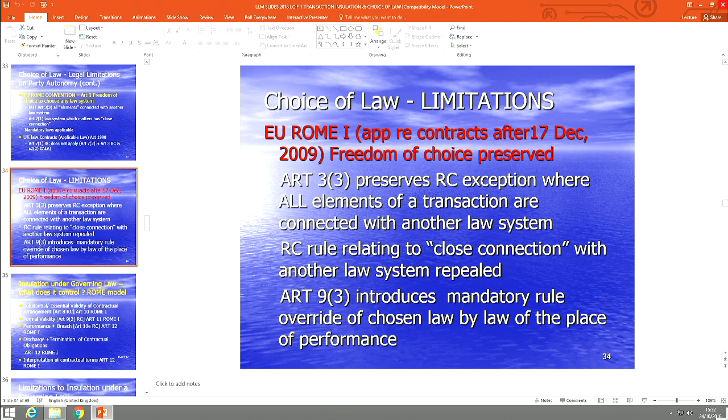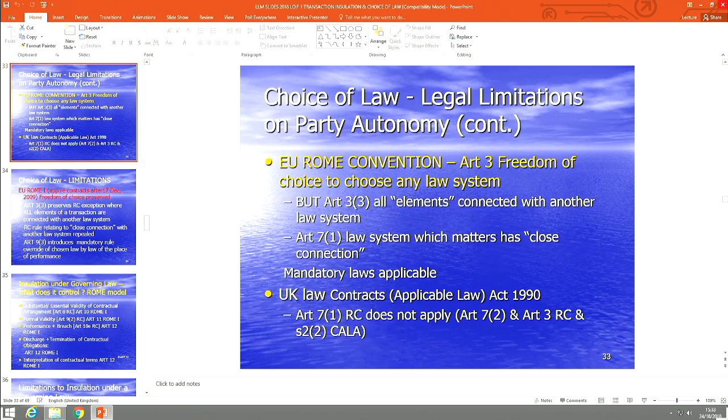The answer, which I didn't talk to you about last week, and I thought I'd leave it for later, is this. There is a convention, again in the EU, which applies prior to the Rome regulation being enacted. That contains what happens when you choose an express law system.